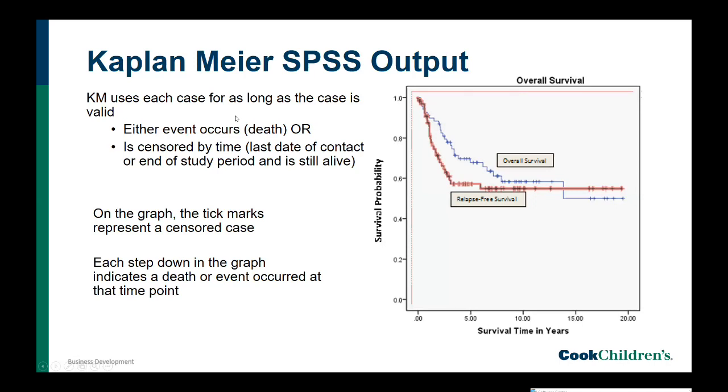So either an event occurred, and it would be a drop in the graph, or that patient is censored by time, and that shows up as a tick mark or a little plus mark on the graph. So tick marks represent censored cases, meaning they have not had an event occur. Each step down in the graph indicates a death or an event occurred.